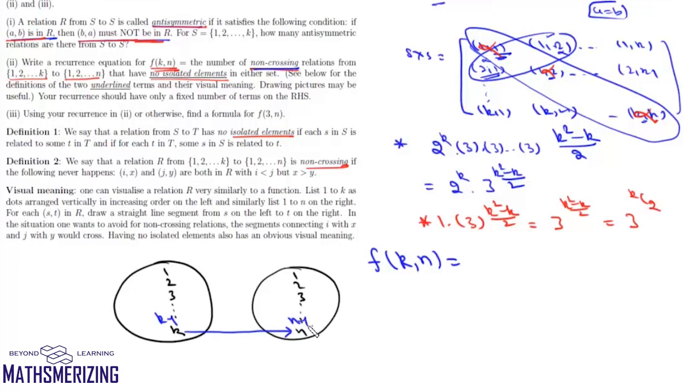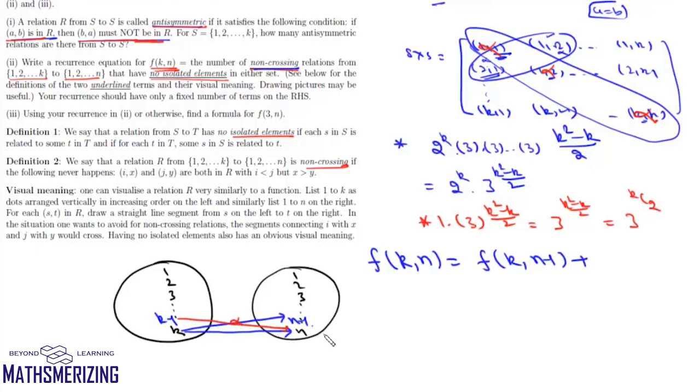Now what about k minus 1 and n minus 1? For this relation to be non-crossing, 3 possibilities exist. First possibility is when this k is mapped to n minus 1. Then we have our first case, and there will be f k comma n minus 1. Now suppose this k is not mapped to n minus 1, but this k minus 1 is mapped to n.